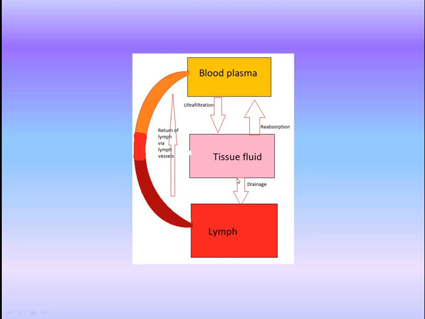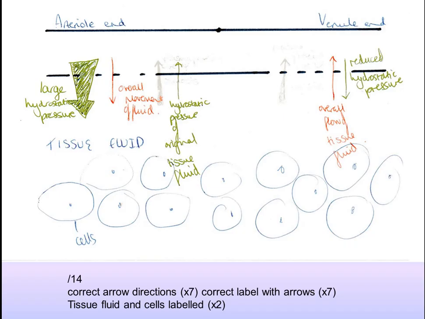However, whatever's left will have a lot of carbon dioxide and waste, so that will drain through the lymphatic vessels, with the help of the hydrostatic pressure of the remaining tissue fluid, and also the squeezing of the lymph vessels and the valves to stop it going the wrong way. So that squeezing will ensure that the lymph returns to the vessels that drain into the heart.